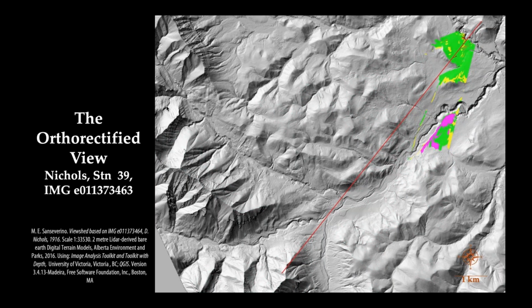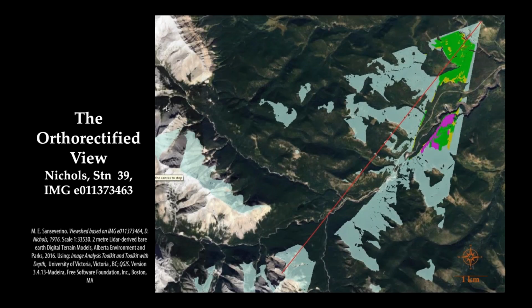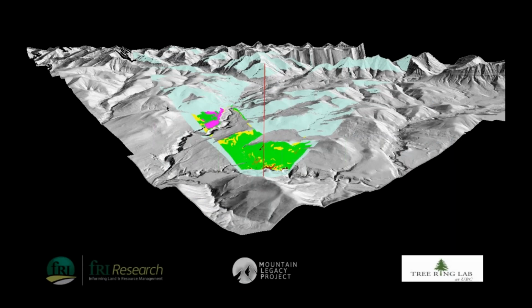And just for kicks and grins, here it is laid over a 2016 orthographic projection from Google, and a different sort of visualization on this, so semi-oblique. And again, we see the land cover laid out over our hillshade.